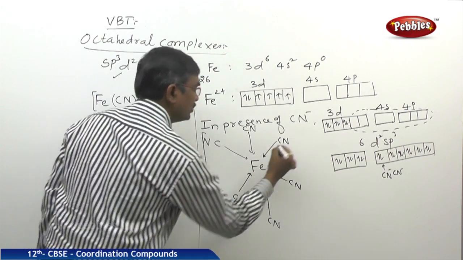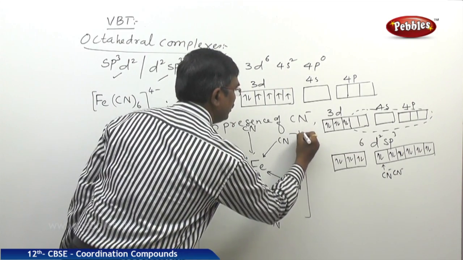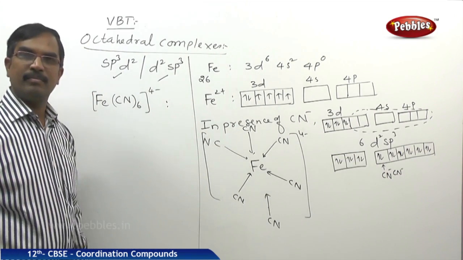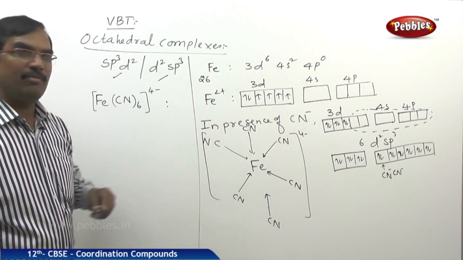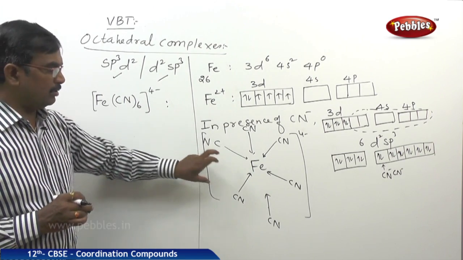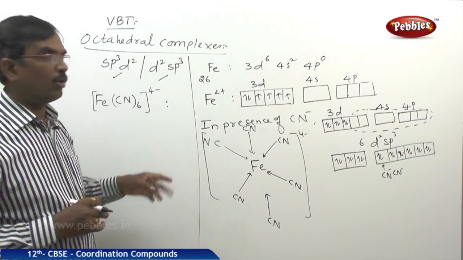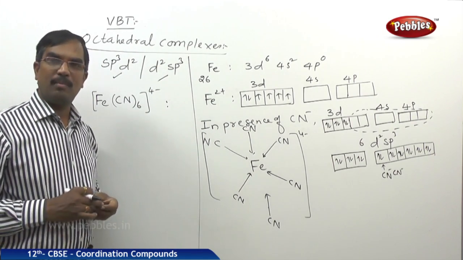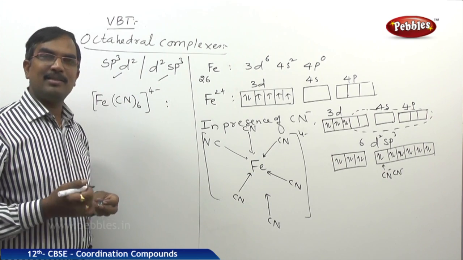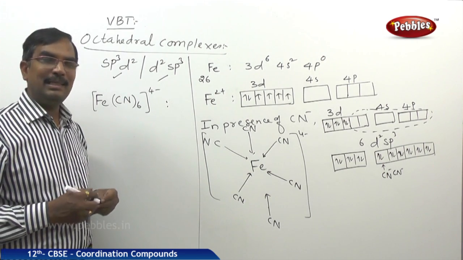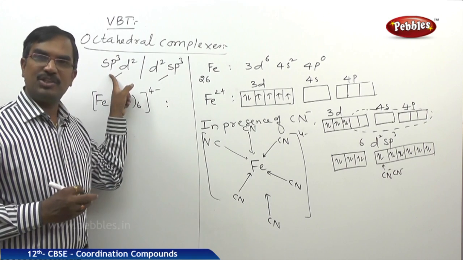Above this we can see the charge, 4 minus. This is how we see the formation of the octahedral complexes. Now let us take another example which will have the sp3d2 hybridization.